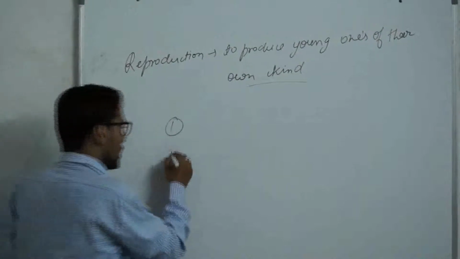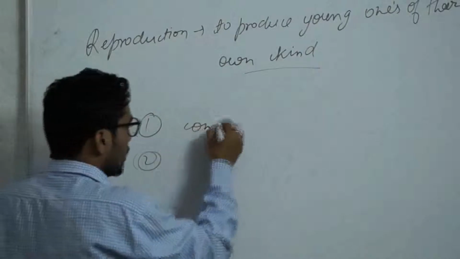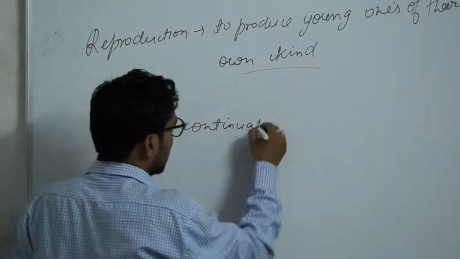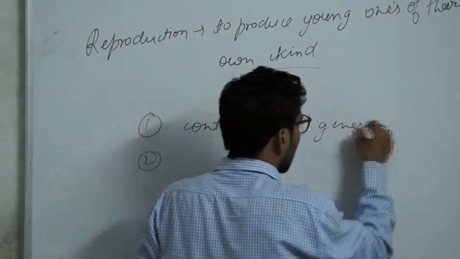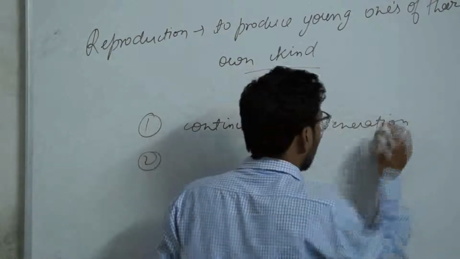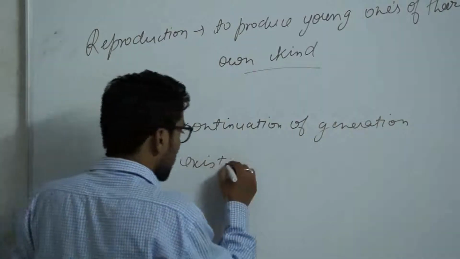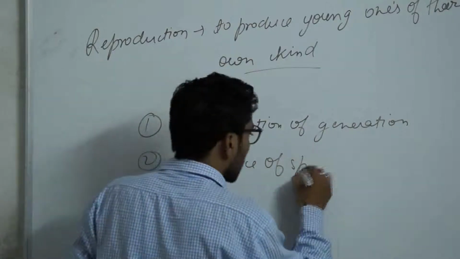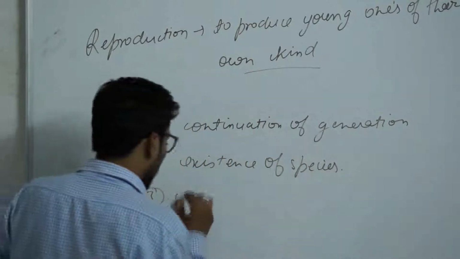So the three points are continuation of generation, existence of their species, and also for evolution.